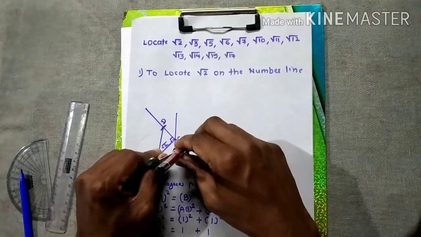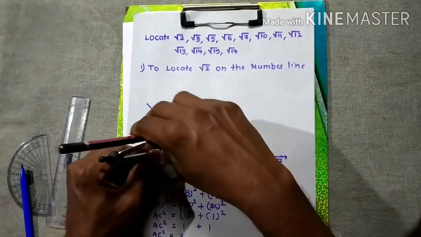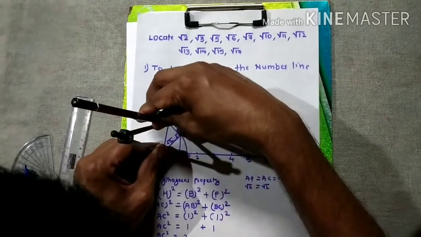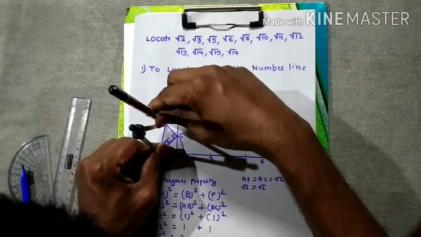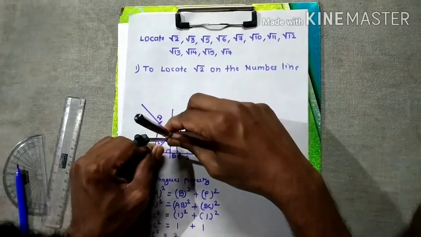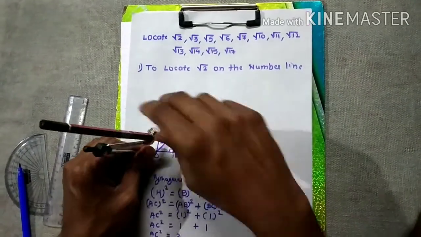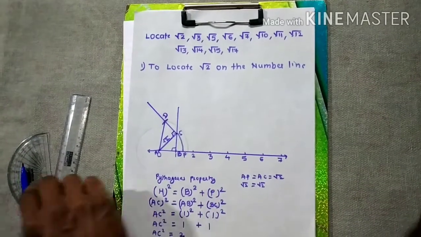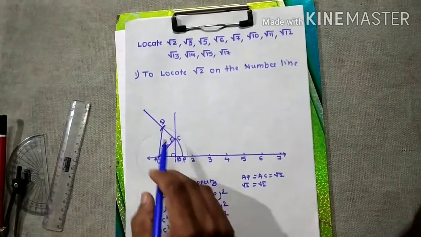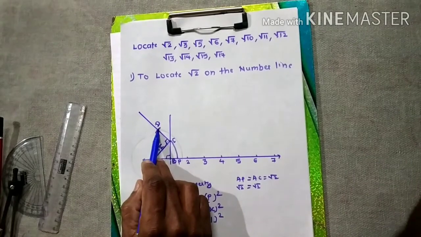So like that. Yes, this is the arc I have drawn. So I will color this arc.